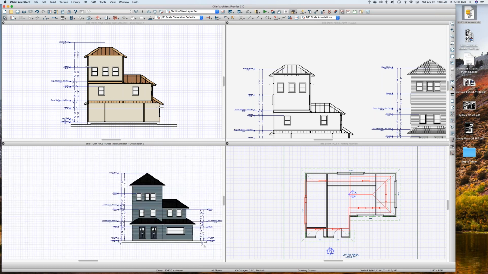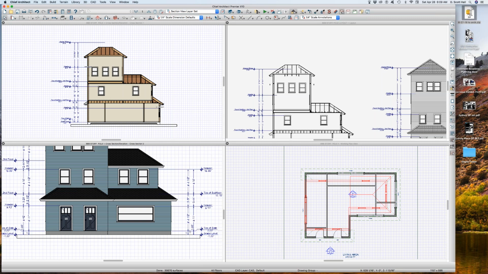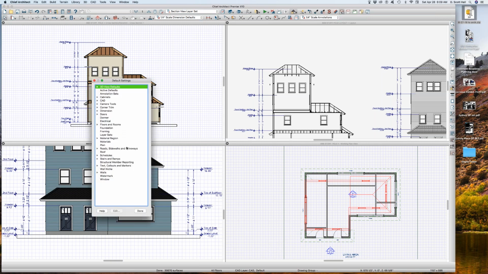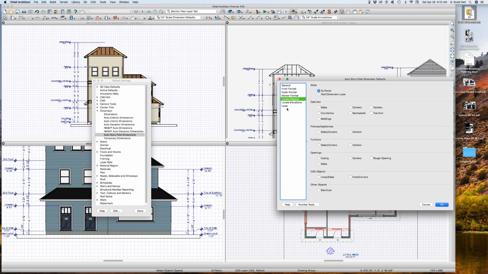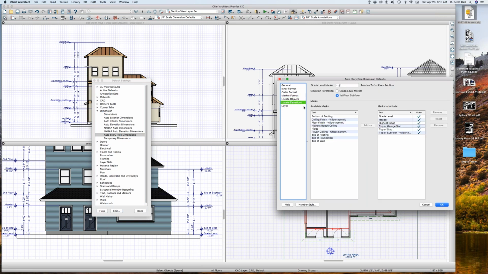But now let's just go on a little bit further, okay? Now this time let's change our dimension defaults for auto story poll once we set the general up: inner format, outer format, marker format, locate objects, and layer. You're done. This is the stuff that you're really going to mess around with. Locate elevations. Now I want to use grade level.